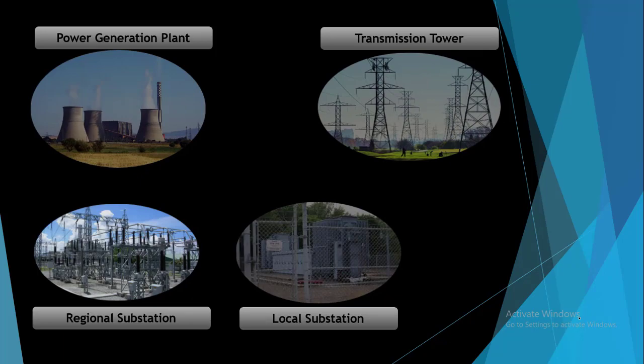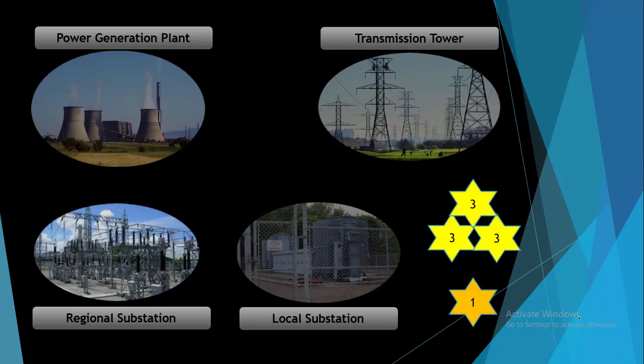From there, the power is distributed to the data centers or residential buildings, either as three phase or single phase as per the requirements. Mostly the local substation is physically located at our data center. The other three, power generation, transmission towers, and regional substations, are not part of data centers.